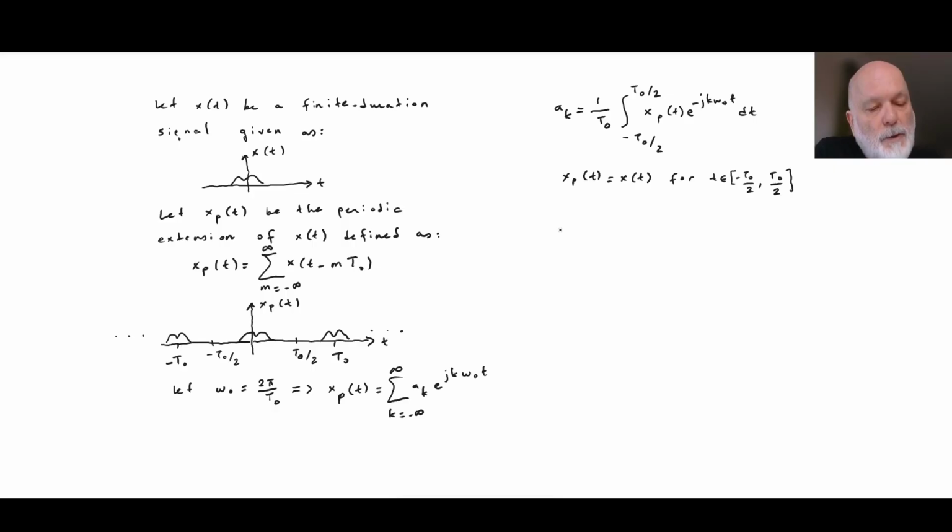Okay? So ak can be replaced as 1 over T0 times the integral from minus T0 over 2 to T0 over 2 of x of t e to the minus j k omega 0 t, integrated with respect to t. However, we know that x of t is 0 outside this interval if we look at the graph of x of t.